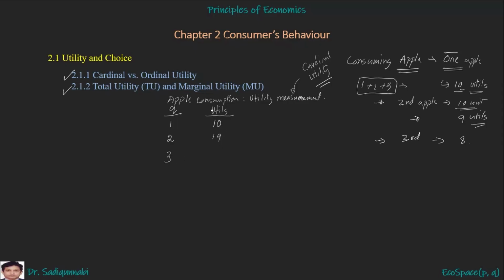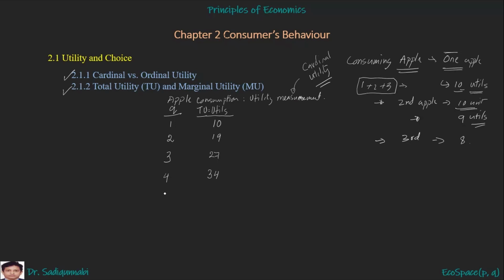When quantity is 3, you can call it total utility. Then it is not 30. If you consider the diminishing, then it is not 30, it is 27. When you are getting the fourth apple, on total your utility is not 40, it is maybe 34.